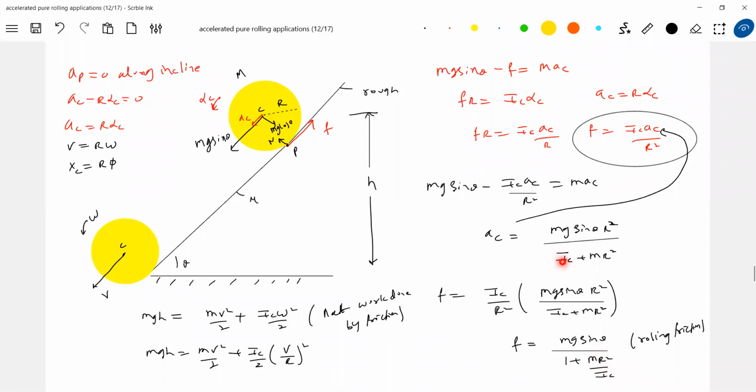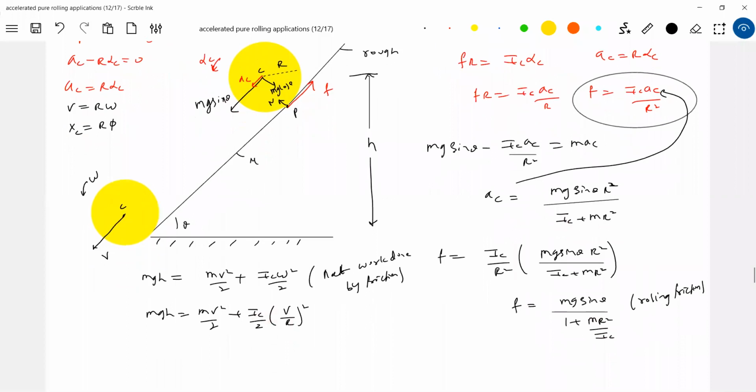Look at the acceleration. For different rigid bodies, what will happen? The acceleration of the center will be different. And what will happen to velocity also? Will all the rigid bodies acquire the same speed when they reach the bottom of the incline? No. Solve for this, you'll get the expression for V. So let me write it. This will be 2 mgh equals m plus IC by R square times V square.